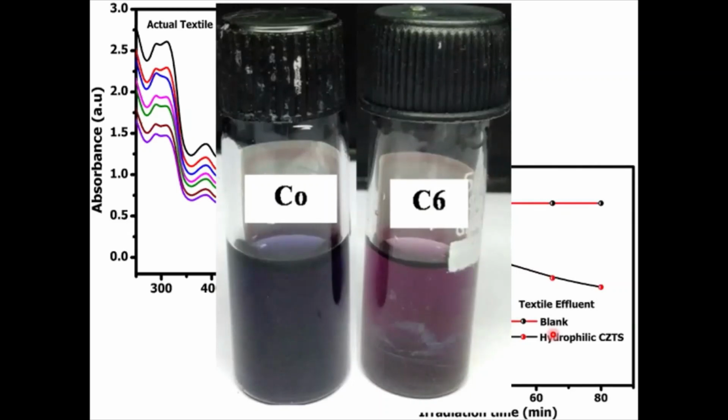Still, the stoichiometry as well as other properties have to be adjusted for CZTS, so that we can have better photodegradation for commercial textile and other effluents. This photocatalytic reaction you can have only with hydrophilic CZTS after ligand exchange, not with hydrophobic CZTS, which comes before ligand exchange.